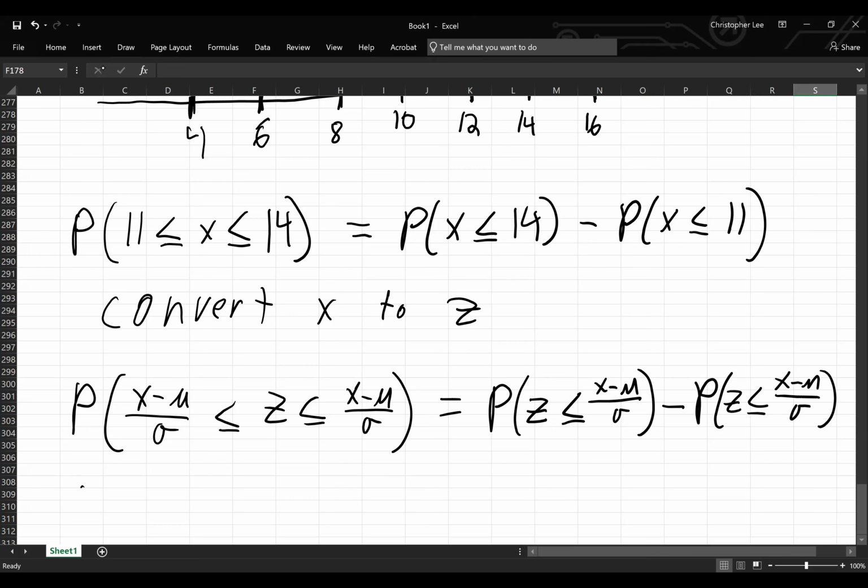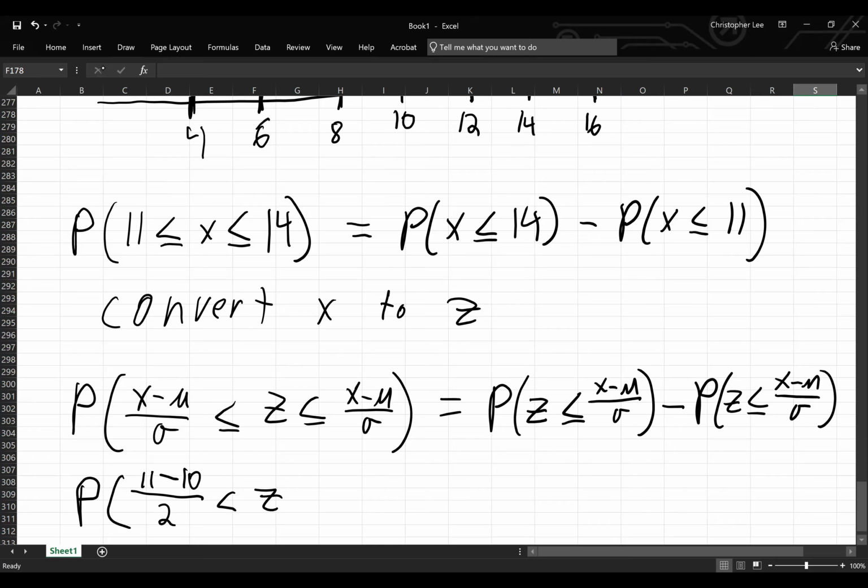So look, what do y'all think the first X is? 11. How you knew it was 11? Exactly. Minus the mean. What's my mean again? 10. Good. Over my standard deviation, which was what again? 2. That's it.